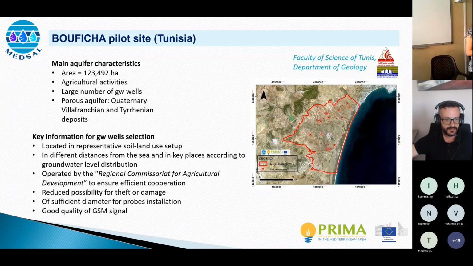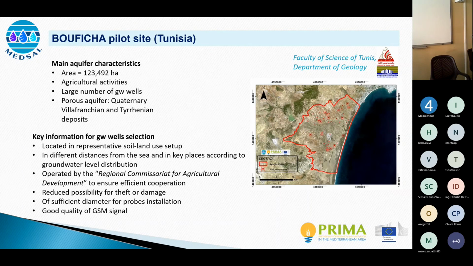The installation of the sensors is based on some criteria, such as location in a representative land use setup, the distance from the sea, and key places to control the piezometric level of our aquifer. Also, security is the main criterion to choose the well where we will install the sensor.